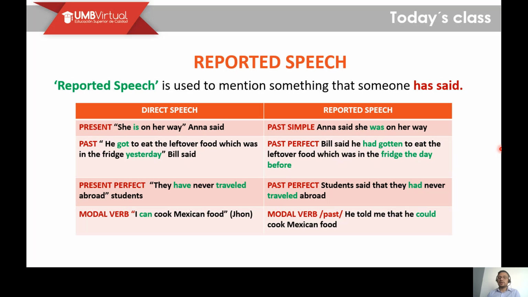Entonces todo esto significa que yo tengo que ponerle atención a cada uno de los verbos que hay dentro de mi oración para ir haciendo el correspondiente ajuste en cuanto a tiempo gramatical. Si me lo dicen en presente perfecto, pues yo lo digo en pasado perfecto. Si me lo dicen con un verbo modal, pues dependiendo del verbo modal, yo puedo hacer como una especie de adaptación hacia el pasado al tiempo modal. Por ejemplo, con can, el pasado sería could.